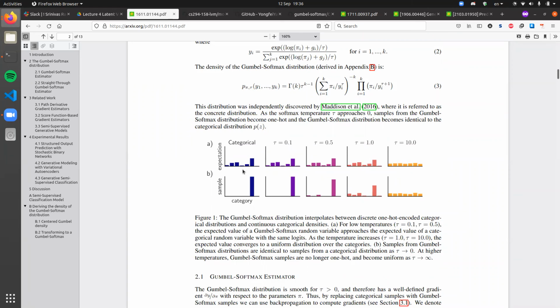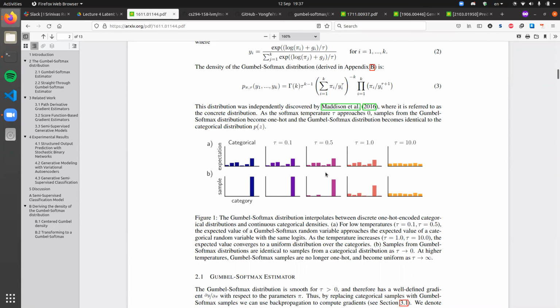And that is a way to model the distribution, right? So instead of sampling, we do this Gumbel softmax, and it provides us with a distribution. And as we increase temperature, the distribution becomes more smooth. And what does it mean for the backpropagation?